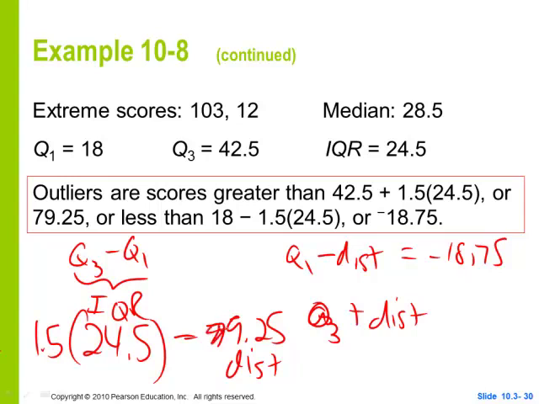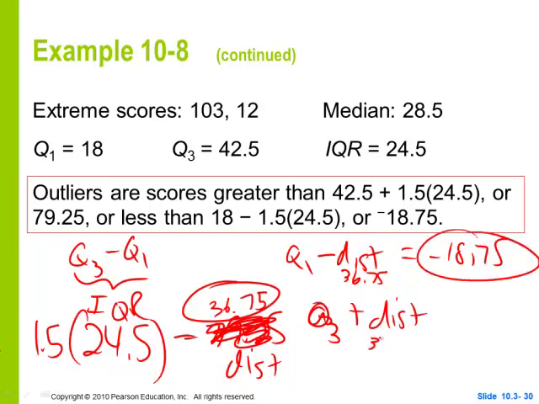That number's wrong. 1.5 times 24.5 is 36 and something like that. 36.75. Thank you. So you subtract that 36.75 from Q1. That's how they got that number.